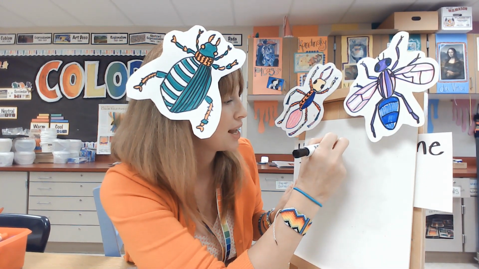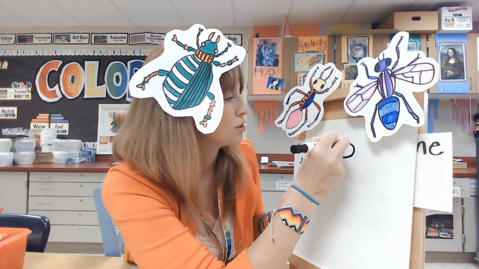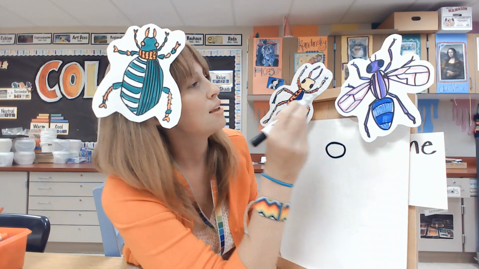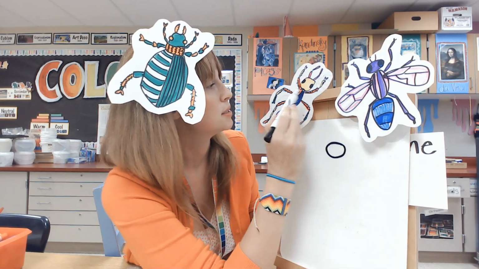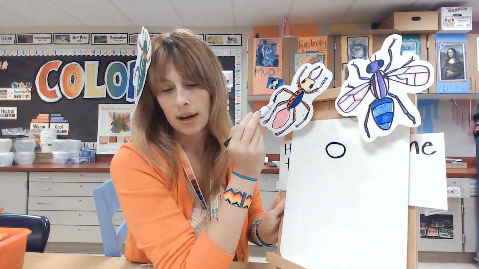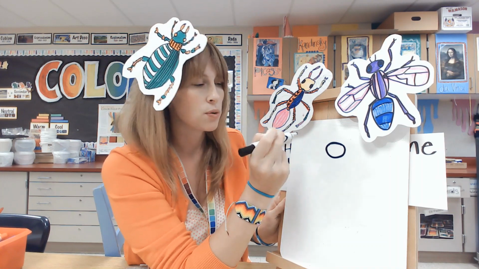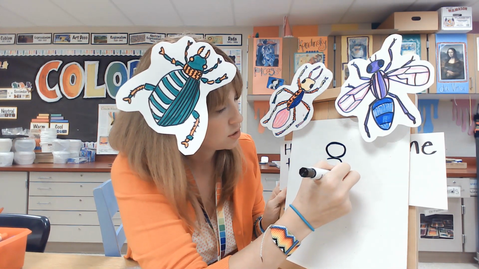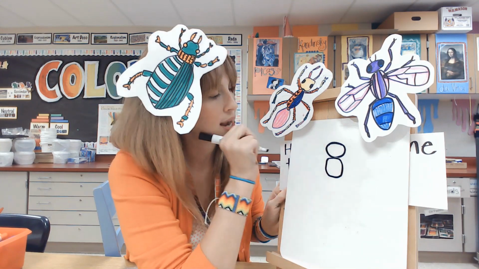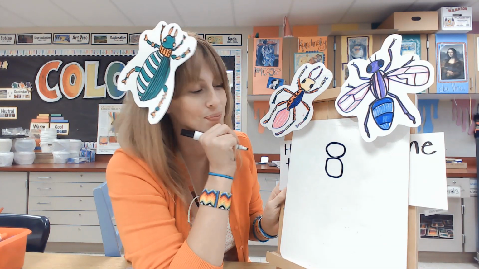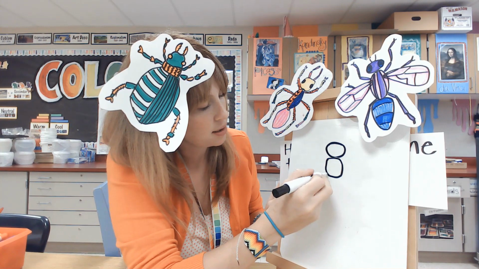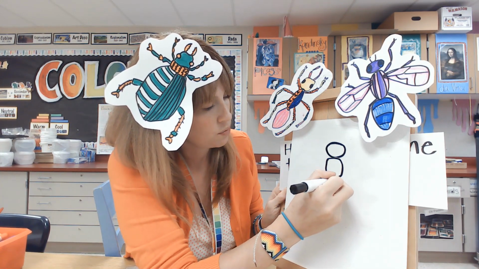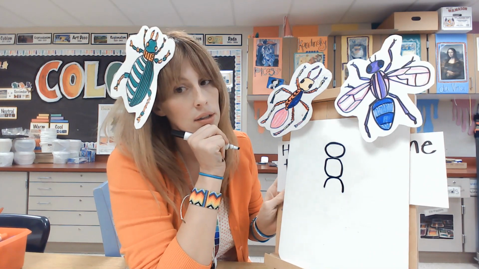So I'm going to start with the head shape. I'm just going to do like a circle to start this one off. And then for the thorax, that's this middle part of his body, I'm going to do a rounded rectangle. So it's like a rectangle, but it's rounded. And then for the bottom, the abdomen of my insect, I'm going to do a rainbow line.